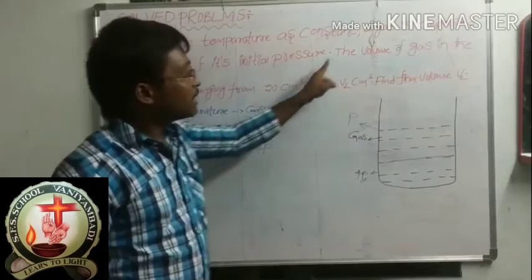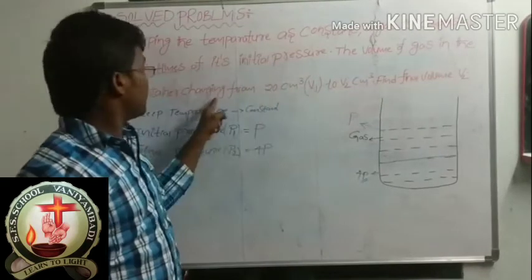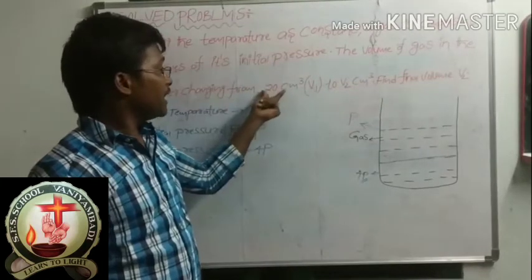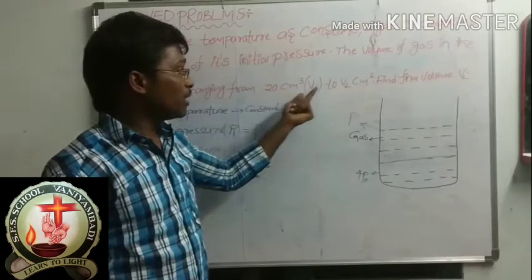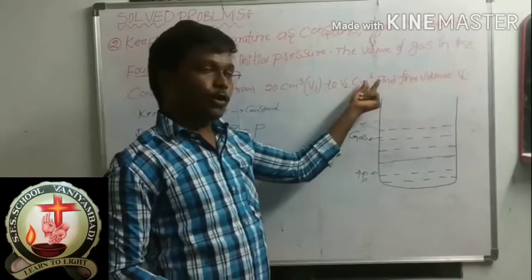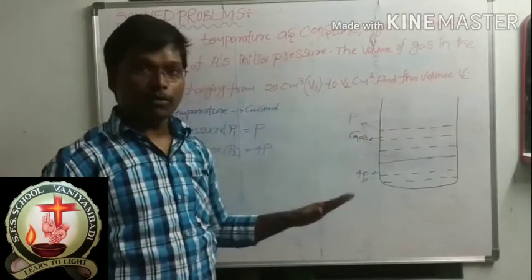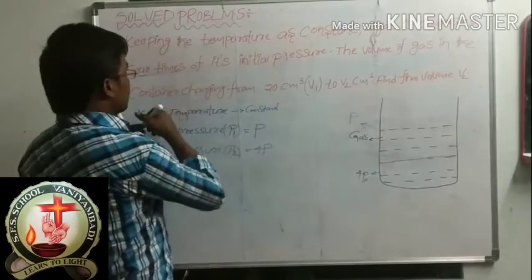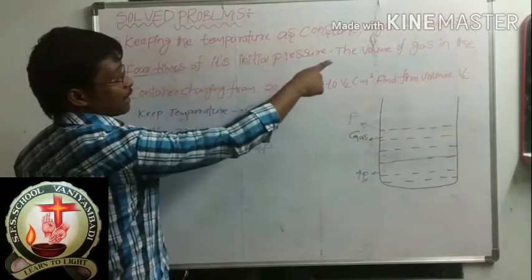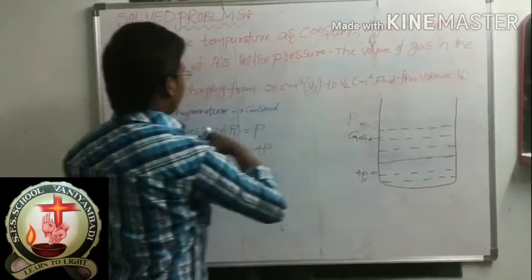Next, the volume of the gas in the container is changing from 20 centimeter cube to V2 centimeter cube. Find the volume V2. So, volume is changing. The volume of the gas in the container is changing.